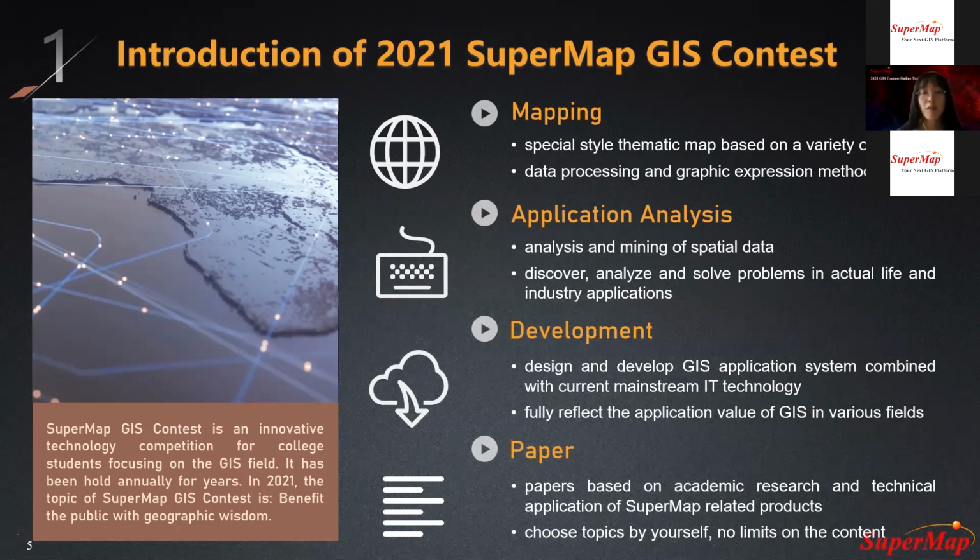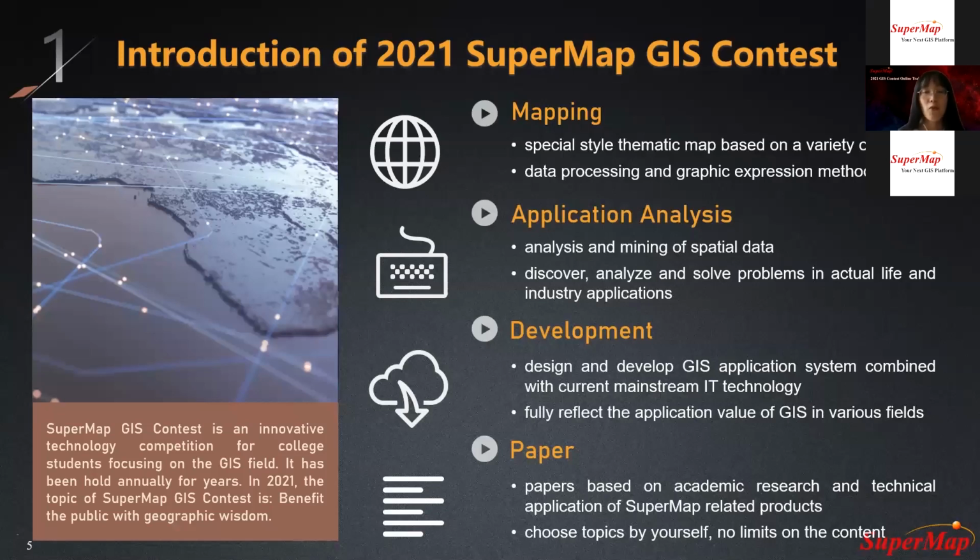Each of them has a distinct emphasis on the application of GIS technologies, and you can choose either one to take part in based on your own skills, knowledge, and interests. No matter which group you choose, there is no limit on the topic and content of your project. So make your own choice and enjoy it.